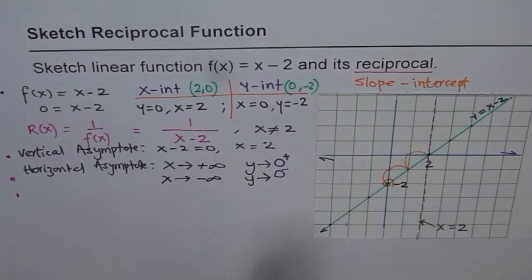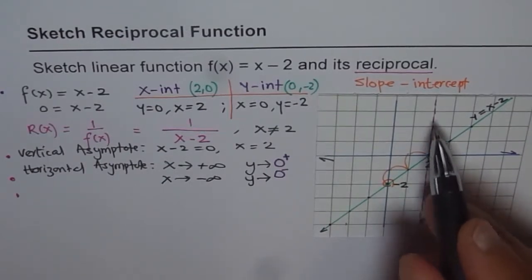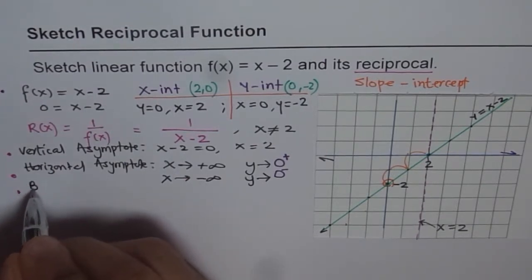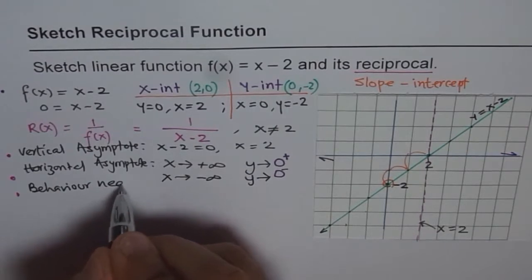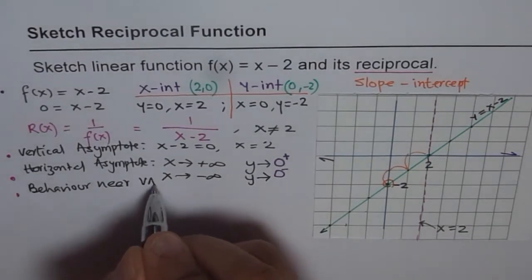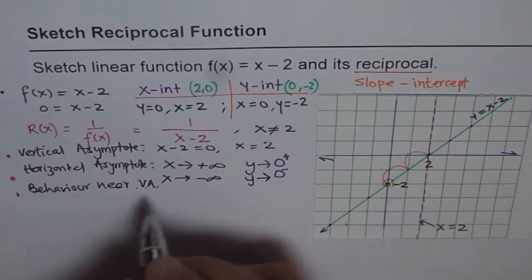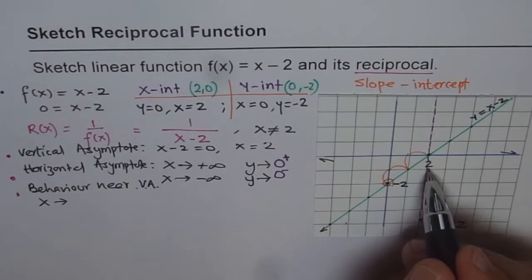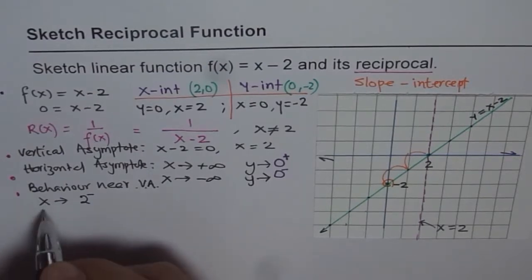After understanding the end behavior, let us understand the behavior near the vertical asymptote, which is at x = 2. As x approaches 2 from the left side, that means from the left.